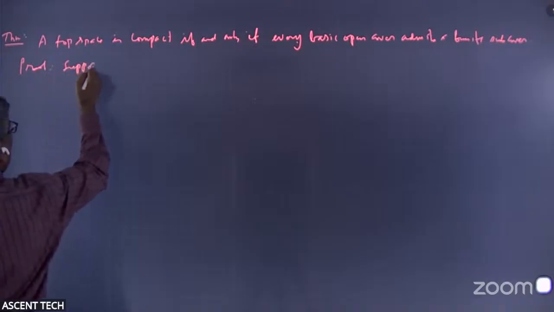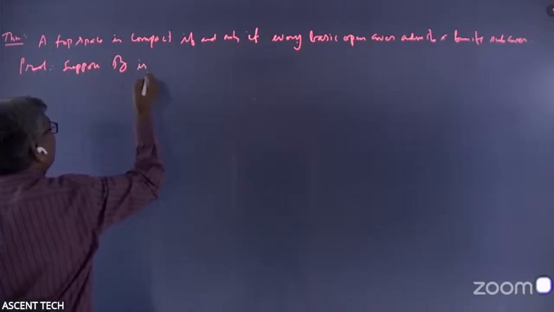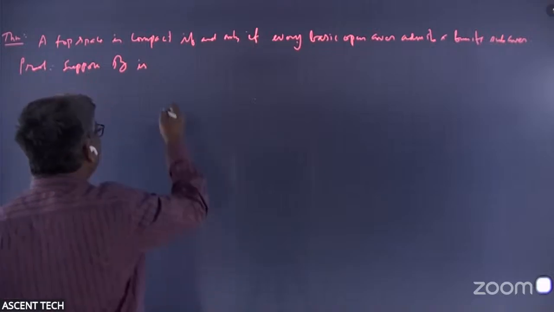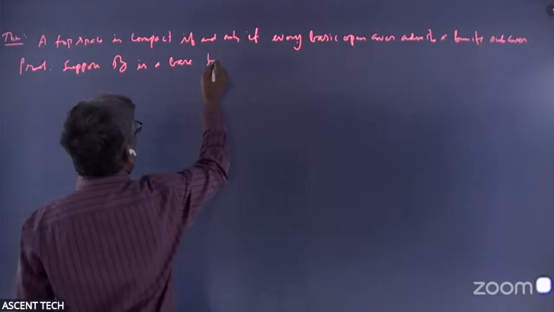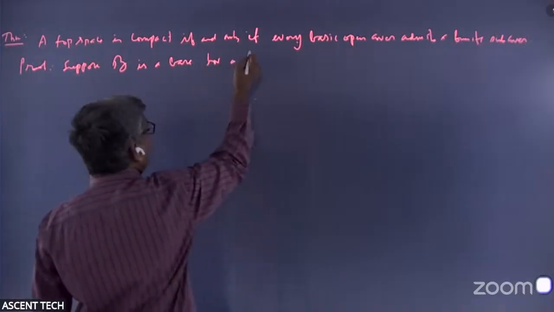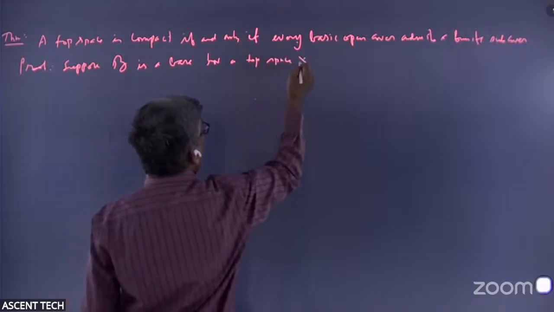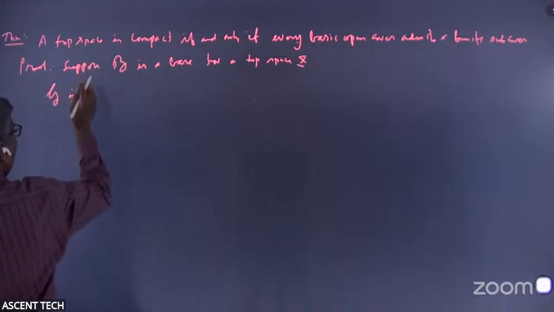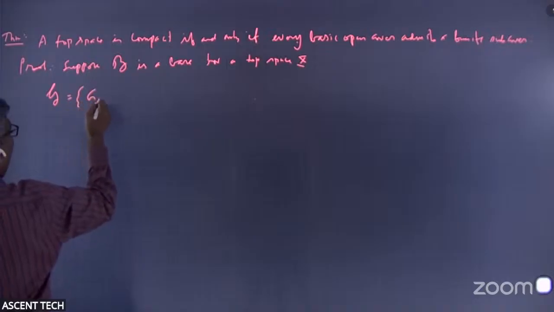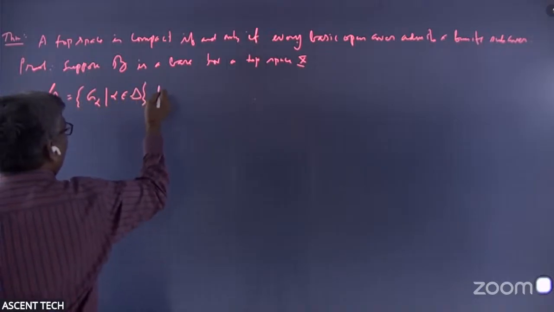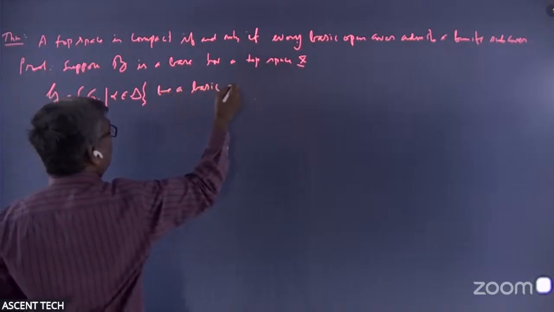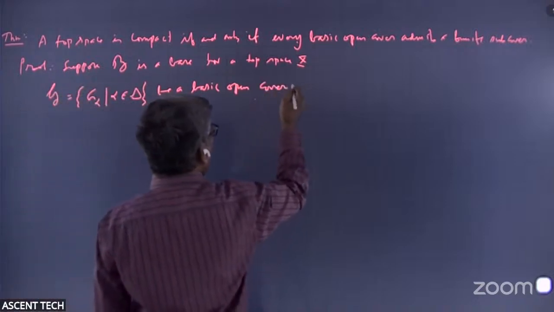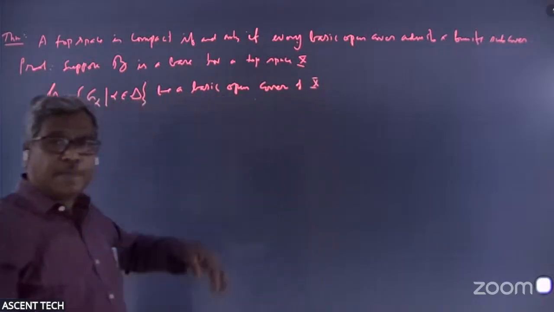Suppose B is a base for a topological space X, and G = {G_alpha : alpha in delta} is a basic open cover of X. In order to show it's compact, I will show it has a finite subcover.